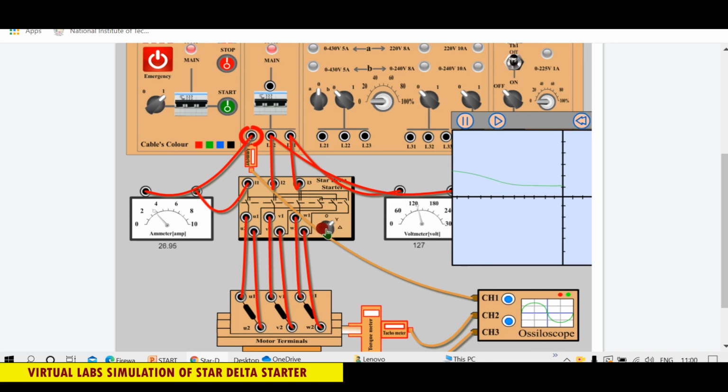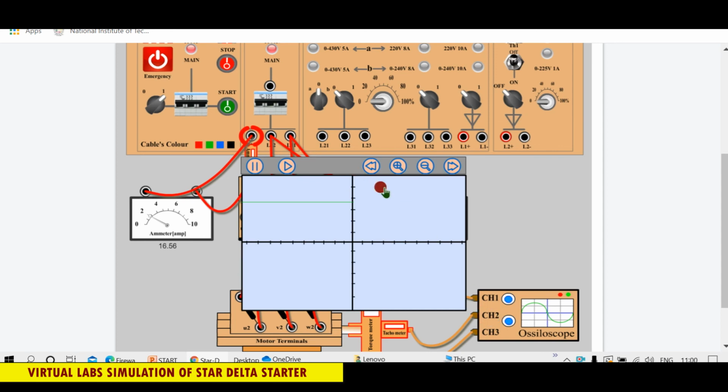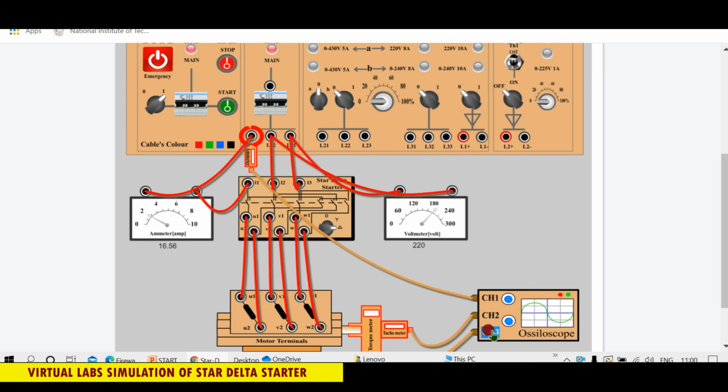Therefore after reaching up to 80% of full load speed, the connection is made as delta windings. Now full voltage is applied, so you can check. This is the second, and this is the waveform in the third oscilloscope. So guys, this was the star delta starter.